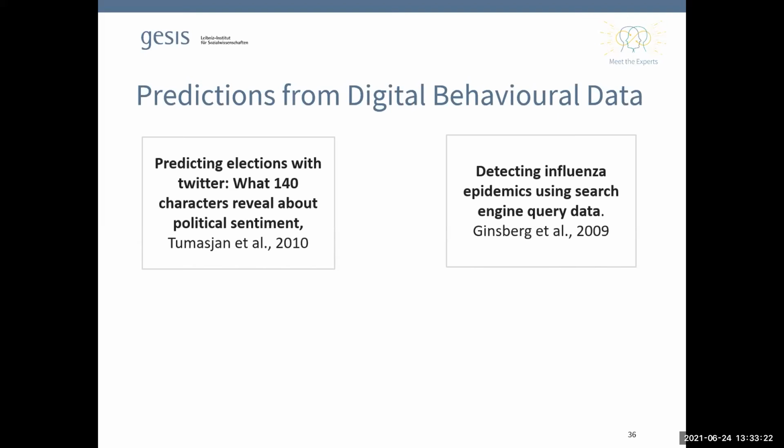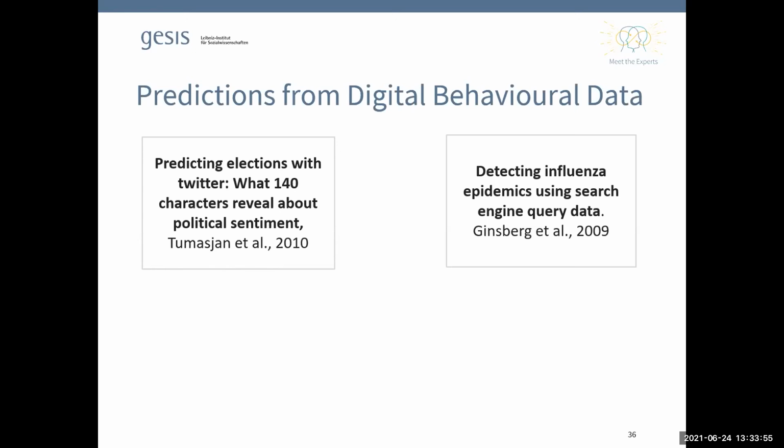And the other case is an approach to detect influenza epidemic phases by using Google search query data. Based on how many people, for example, search for flu or flu-like symptoms in an online search engine, can we detect whether there's a wave of influenza cases happening at the moment that might be more accurate than official health records available?